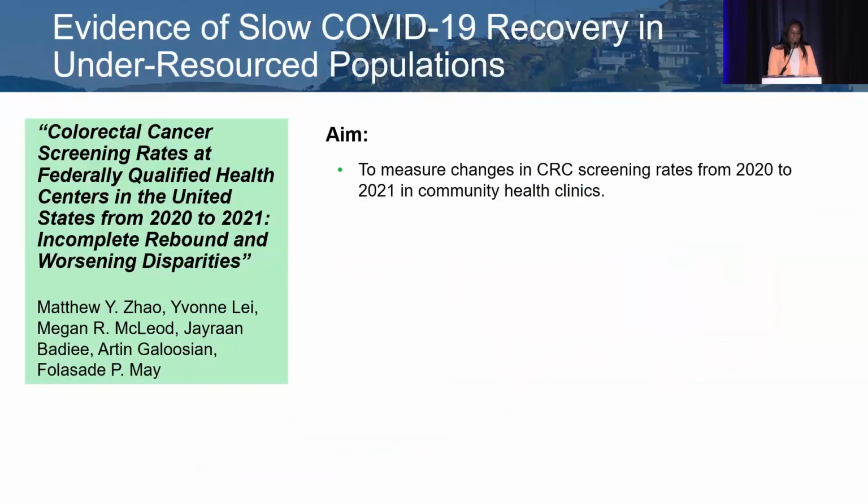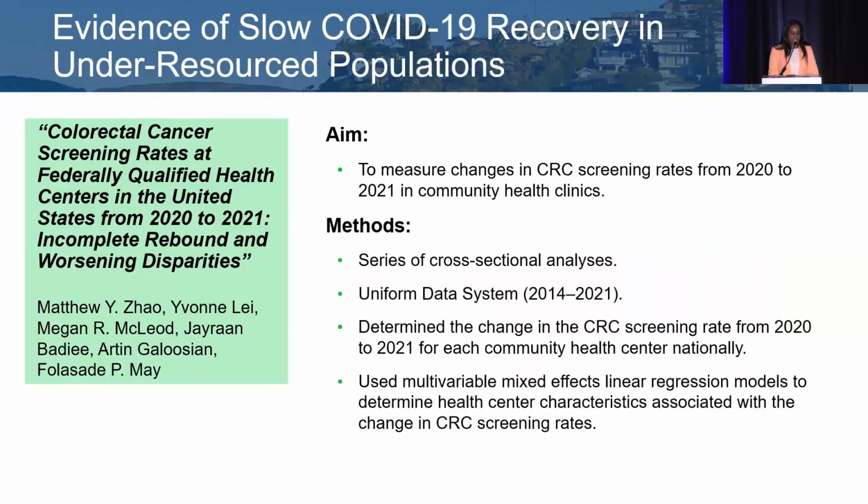This next abstract that I will present also looked at COVID-19 recovery, particularly focusing on under-resourced populations, which is important, as we've just learned from the previous abstract, that there are disparities in who's getting recommended for colorectal cancer screening. This study measured the change in colorectal cancer screening rates from 2020 to 2021 in community health clinics, which primarily take care of underserved populations.